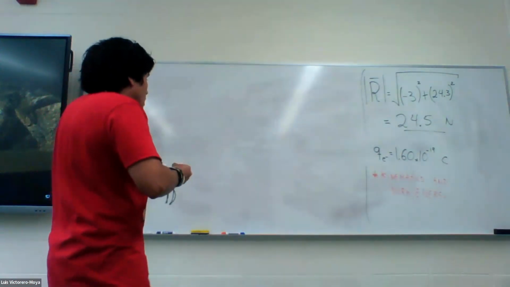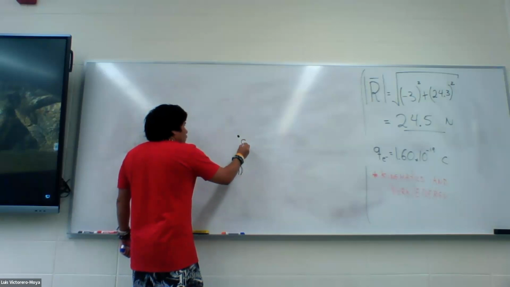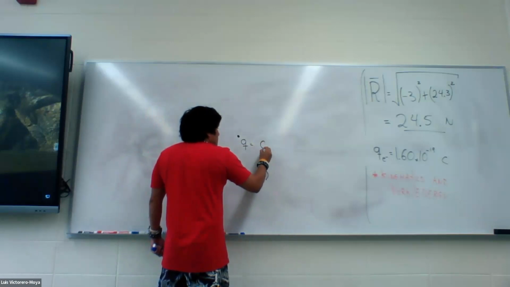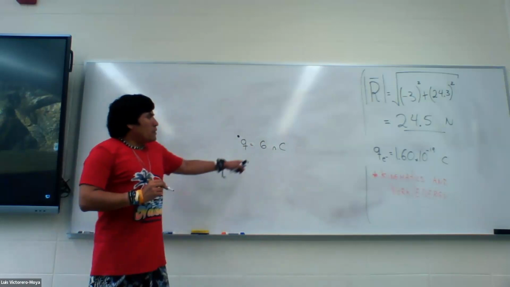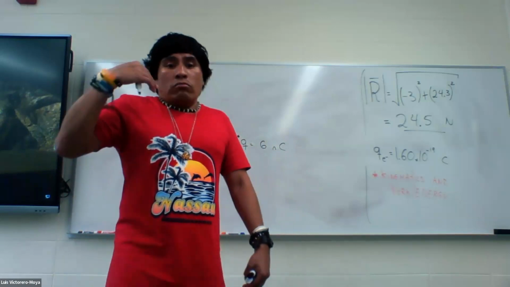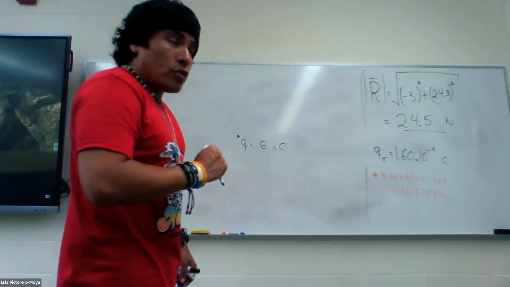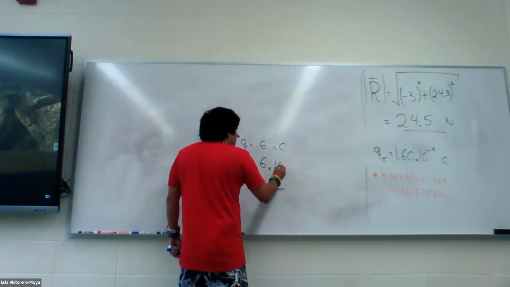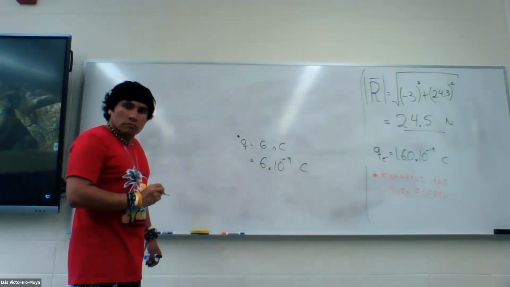I can give you a charge, and I can say that this Q is equal to 6 nanocoulombs. But we need to have this in coulombs. So you need to remember, or you need to change that into coulombs. 6 nanocoulombs is basically 6 times 10 to a negative 9 coulombs. Right?